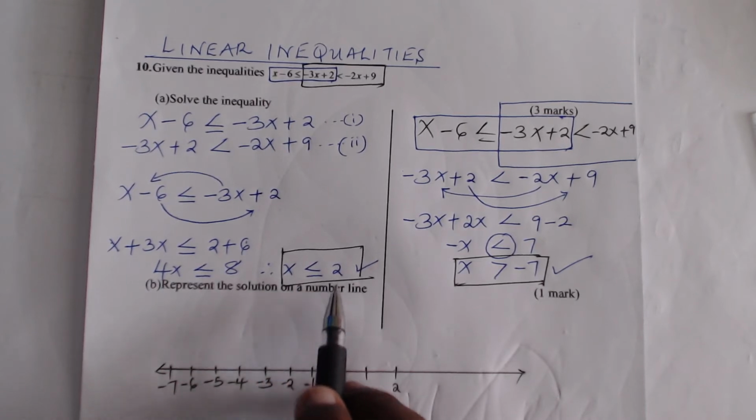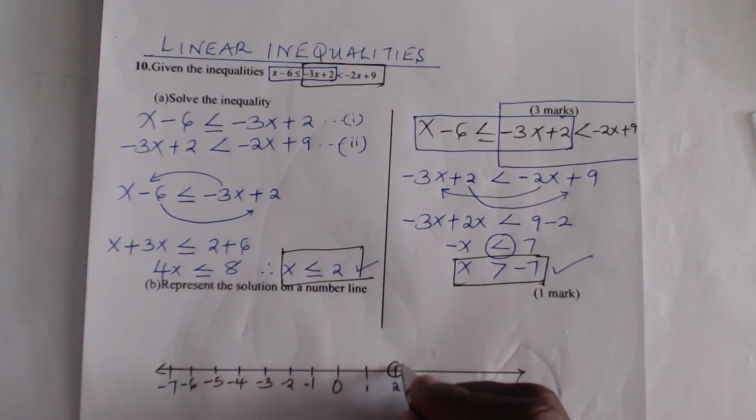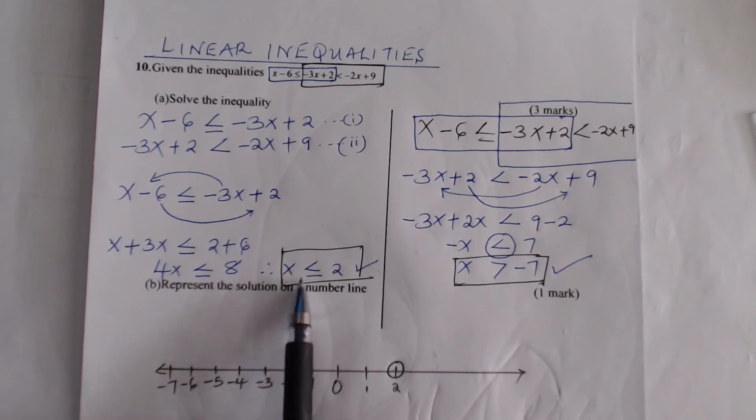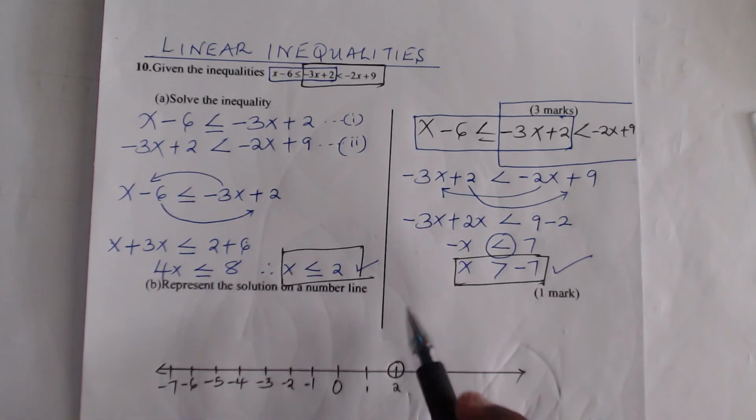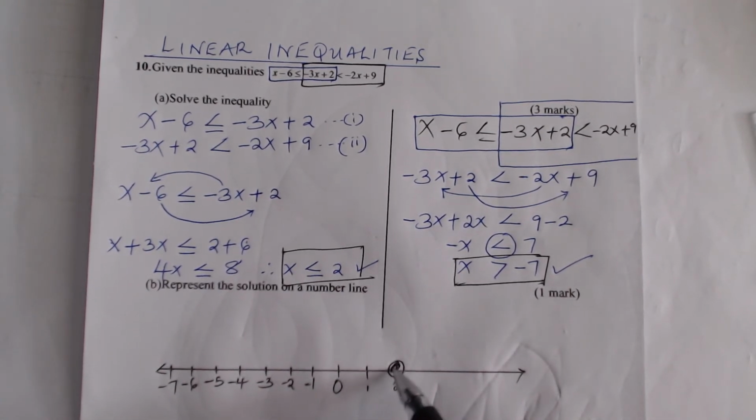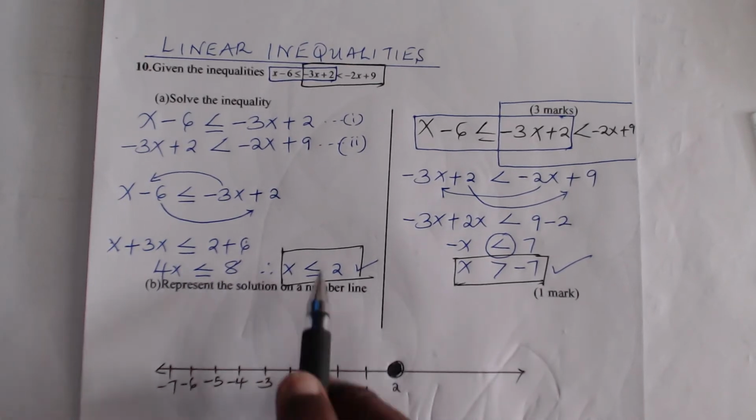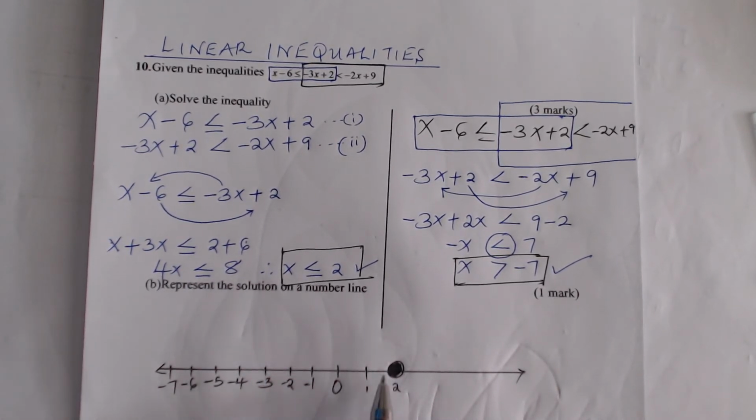So we start with x ≤ 2. Because this one is less than or equal to 2, 2 is included, it is part of the solution. So you have to shade it to show that 2 is part of the solution. Then less than means the values to the left.